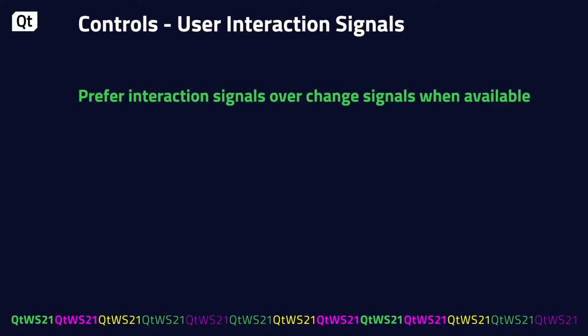So the next thing is to prefer interaction signals over change signals when available. Here we have a slider whose value property is bound to backend.foo. And whenever that property changes, the backend.foo property will be assigned the value of the slider.